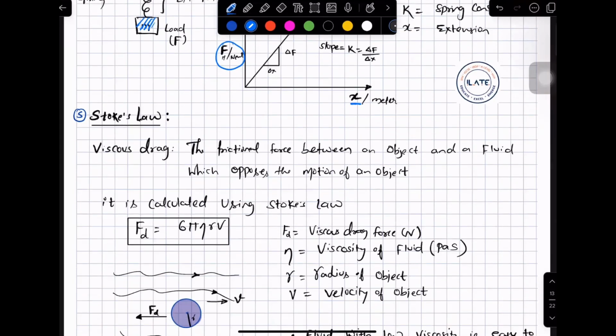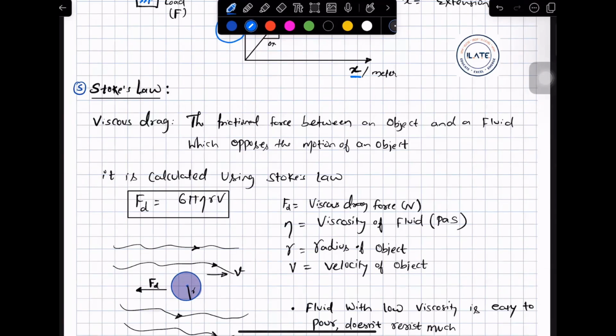Stokes' law talks about the viscous drag force. This is the same reason why a bottle filled with ketchup is difficult to pour compared to one filled with water. In Stokes' law, the drag force is 6 pi eta r v, where this symbol is called eta, which is the viscosity of the fluid, and it's measured in pascal second.